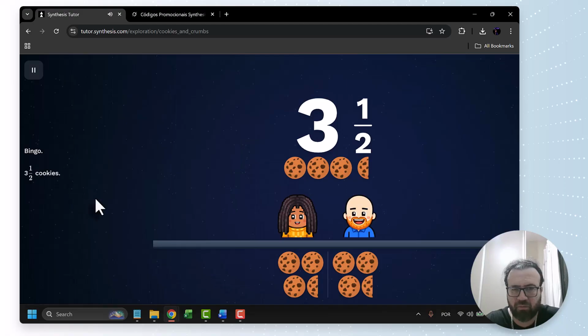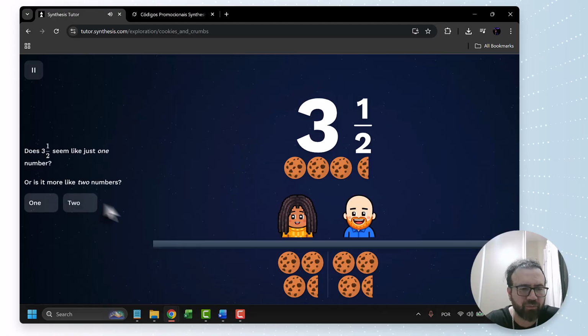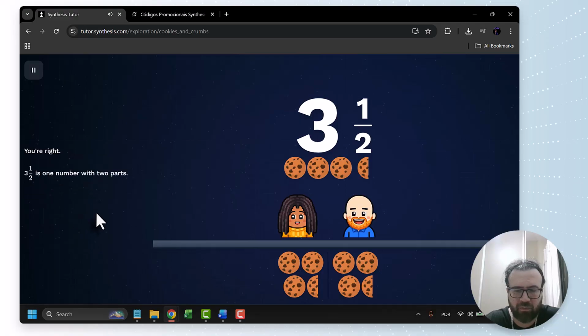Bingo! 3½ cookies. Does 3½ seem like just one number, or is it more like 2 numbers? You're right. 3½ is one number with 2 parts.